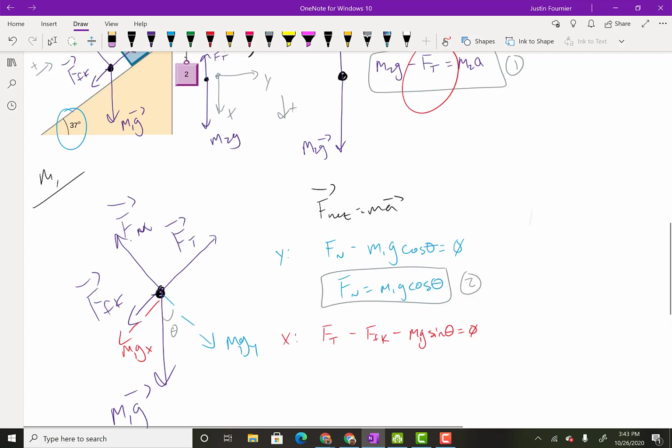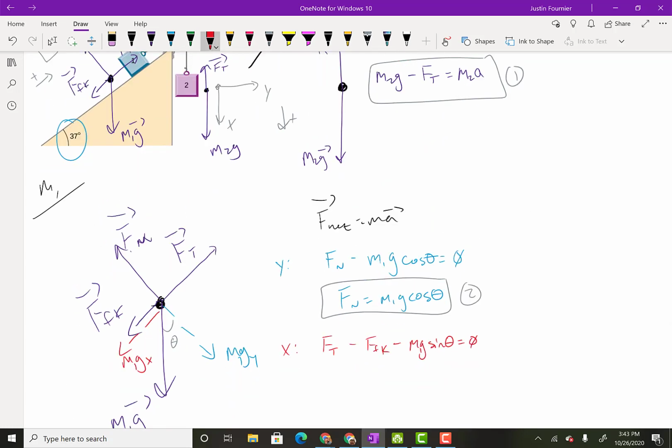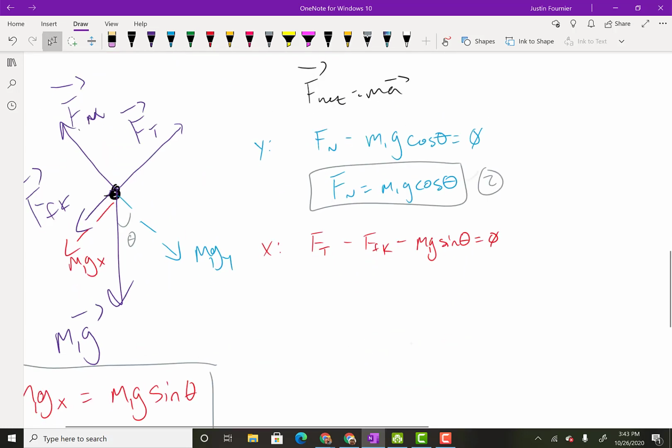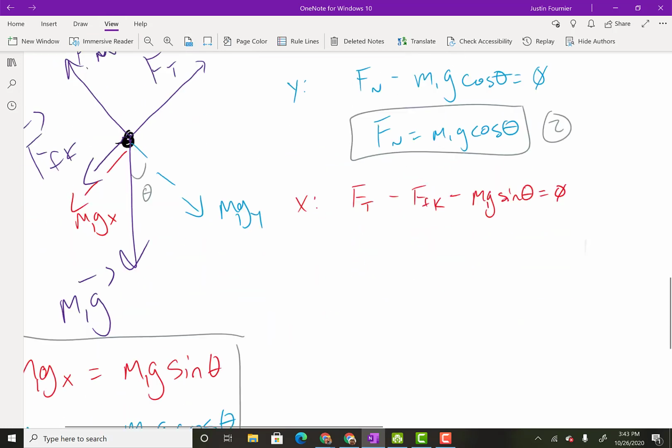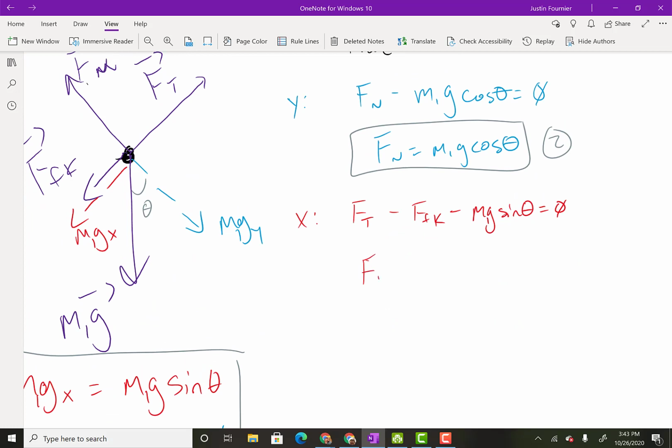So I'm going to isolate the tension force. It's going to be Ft equals force of kinetic friction plus m1g sine of theta. I got theta, this is no problem. I got g, I know m1, but the friction force, now I got to get something to change that friction force.